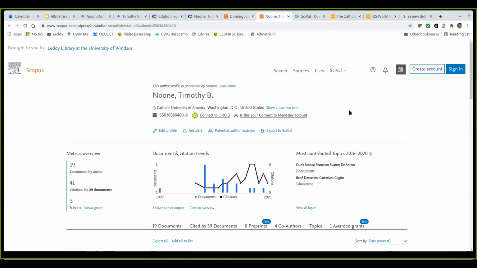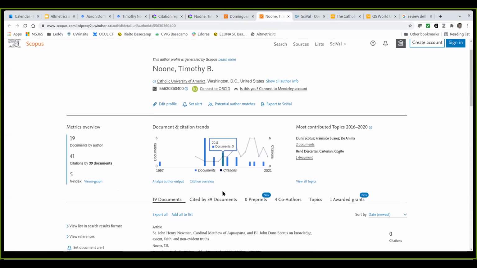When we look at Dr. Noon, again, we have the same information, and also we have fewer citations within Scopus. Scopus started out really in representing the STEM disciplines as its kind of core competency.